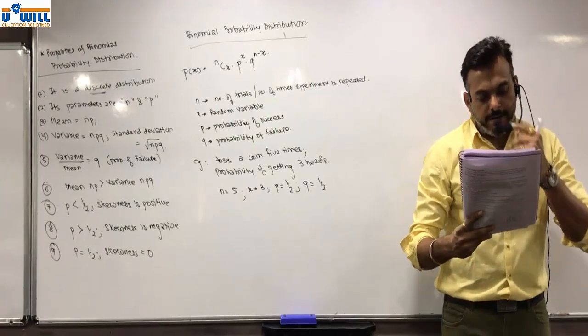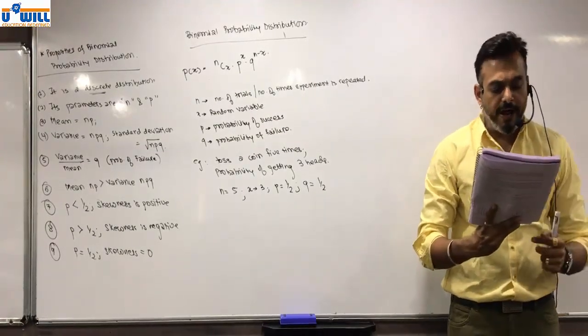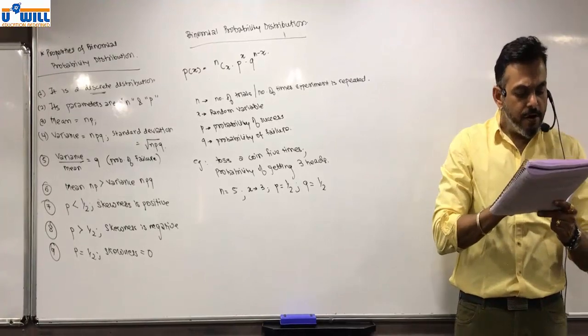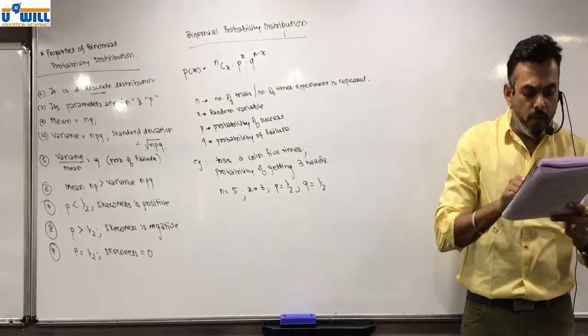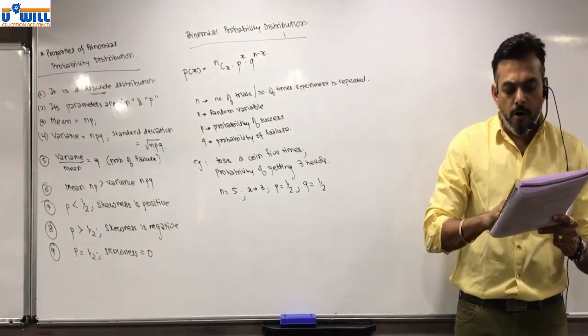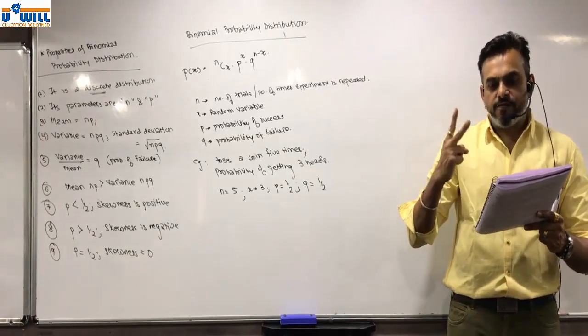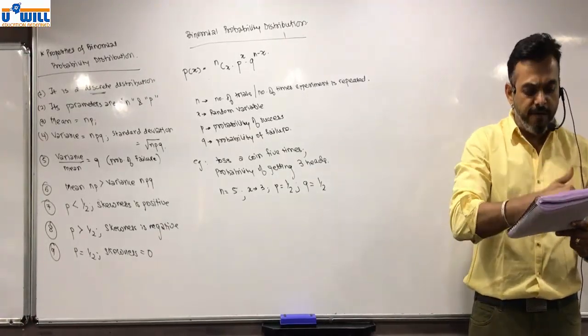Page number 80, Bernoulli trials. Can you see Bernoulli trials? Now, suppose a dichotomous random experiment has two outcomes, success and failure.